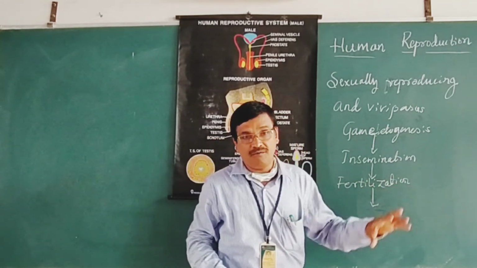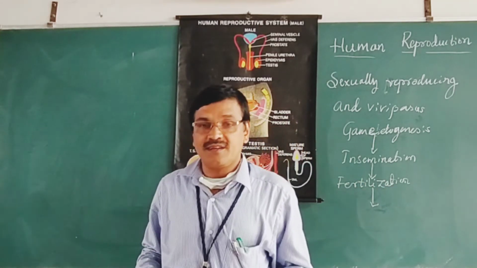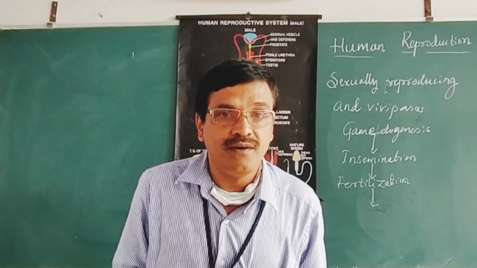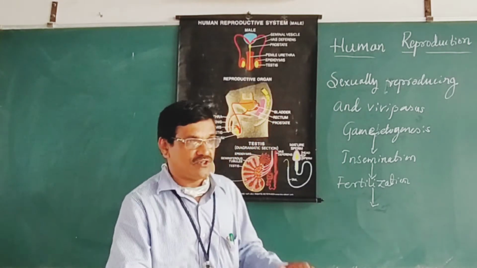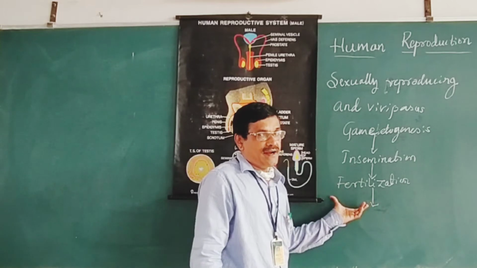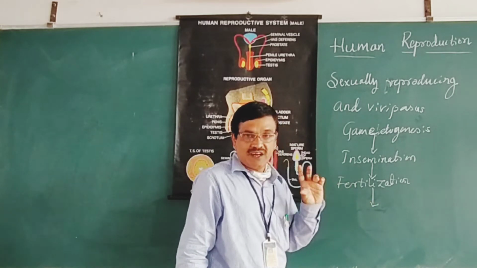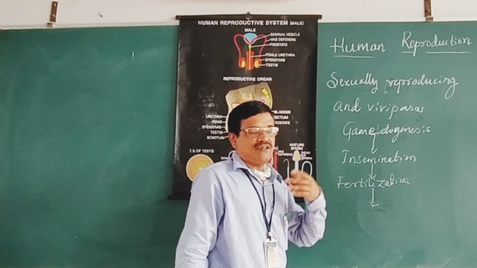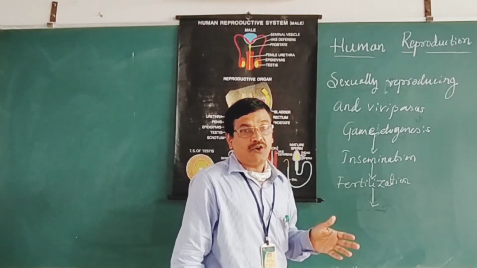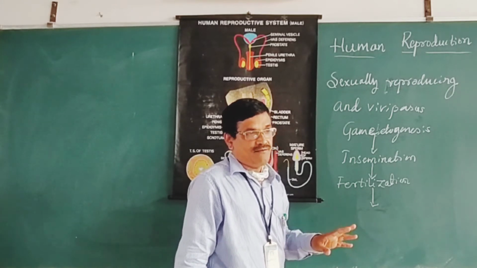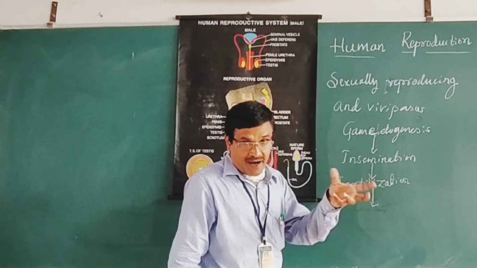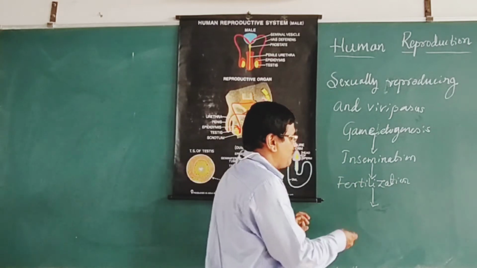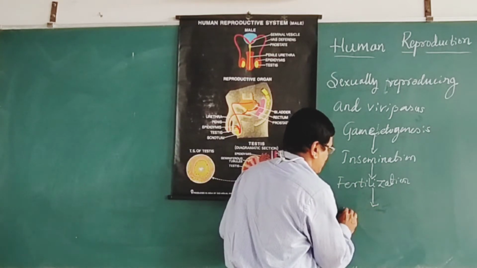The fusion of male and female gametes results in the formation of the zygote. The zygote is a single-cell structure, and next it undergoes mitotic division, and finally the divided cells are rearranged to form a structure known as the blastocyst.